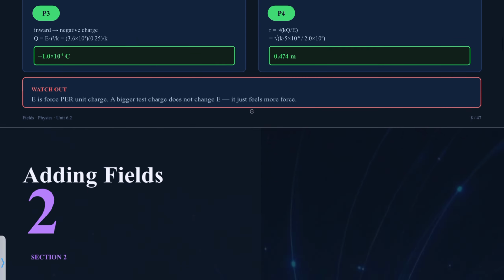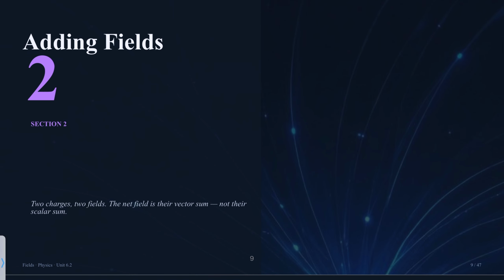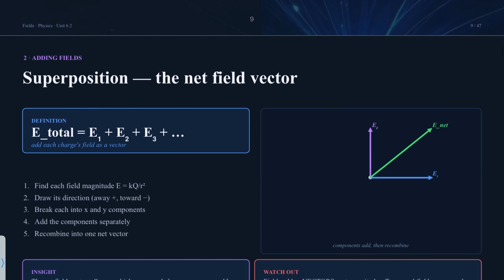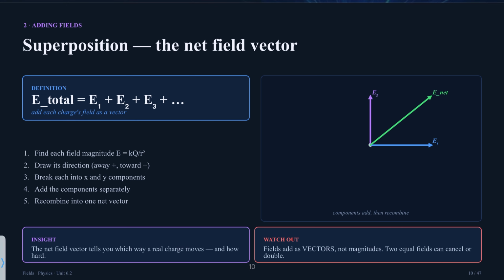Right, so now let's look at adding fields together. So we have 2 charges, 2 fields. The net field is their vector sum, not their scalar sum, okay? Because we're taking into account direction here as well. So similarly, you know superposition, right? We learned this back in unit 1 or 2, but a long time back. Same thing.